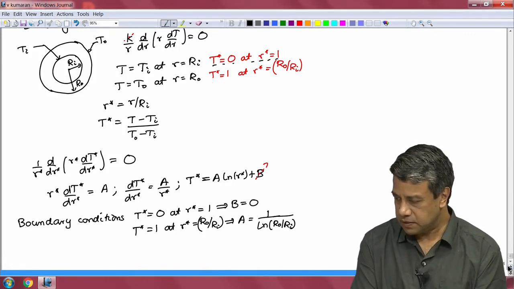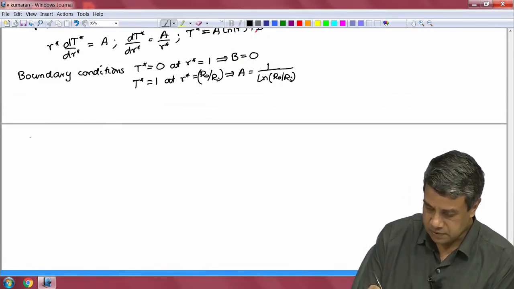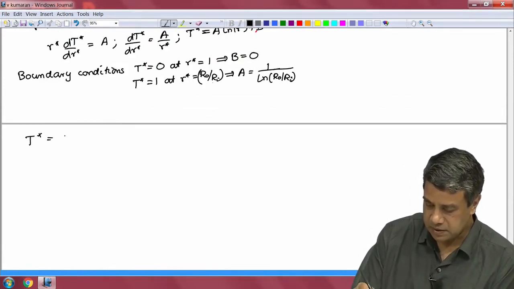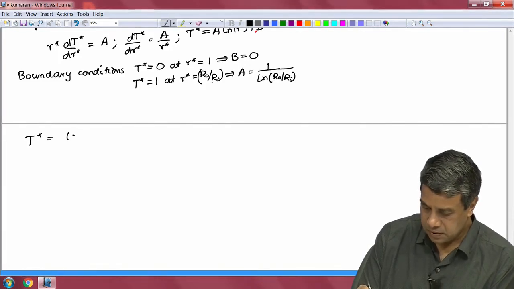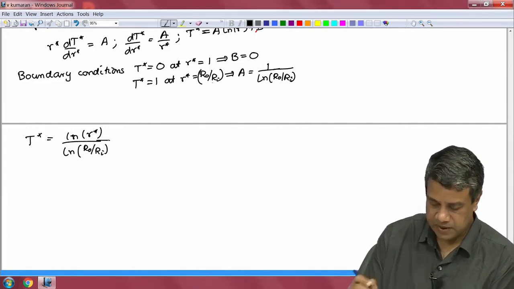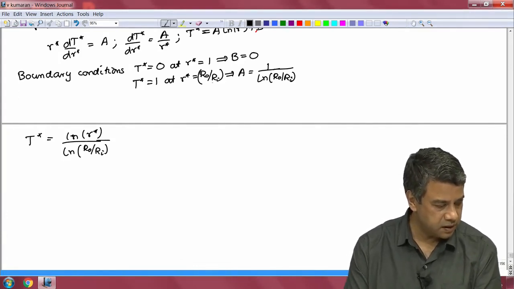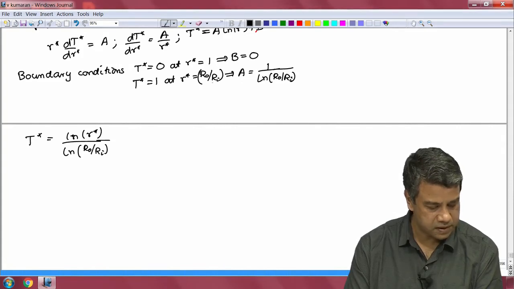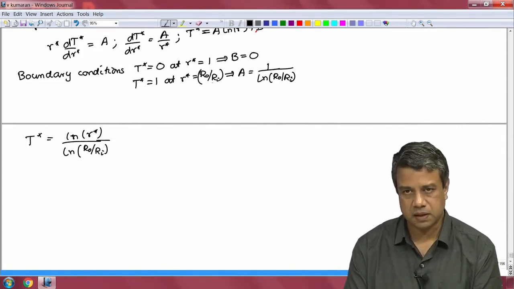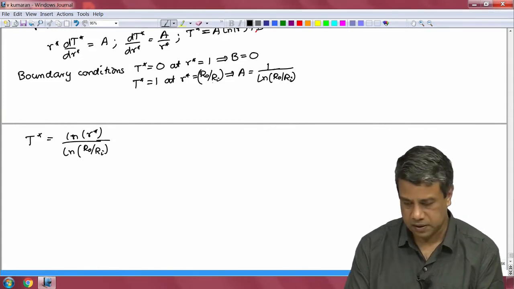So, that is the final solution for the temperature field. Therefore, T star is equal to the log of r star by the natural log of Rho by Ri. This satisfies the equation and it also satisfies the boundary condition that at r star is equal to Rho by Ri, T star is equal to 1.